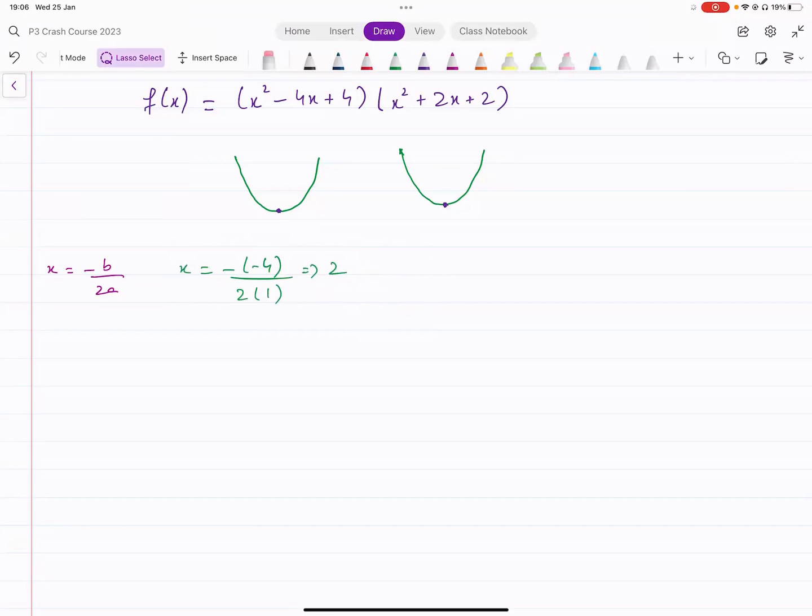What about the corresponding y coordinate? Put this back in this function, x squared minus 4x plus 4. That's 2 squared minus 4 into 2 plus 4. What do we get from this? This gives us 0. So that means the turning point of this function is 2 and 0.